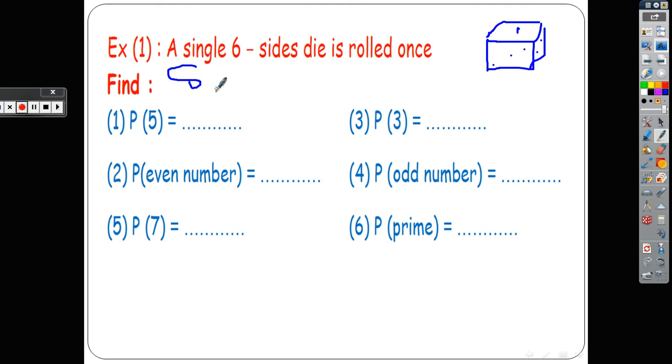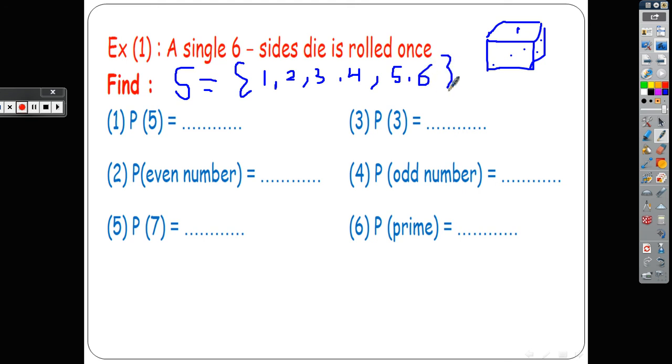The sample space of the die is equal, you write S = {1, 2, 3, 4, 5, and 6}.